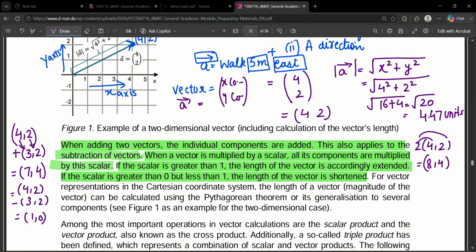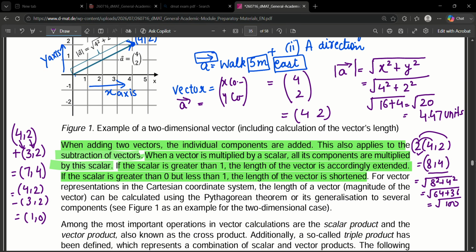And they are giving you another thing. If the scalar is greater than 1, the length of the vector is accordingly extended. Obviously, the length of the vector would be extended when you find the length of the vector. That would be bigger.